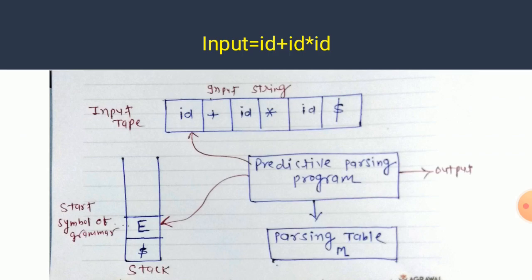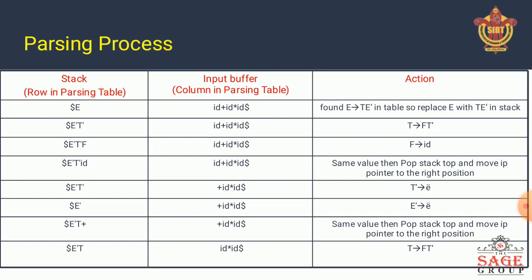Initially the stack contains dollar and the start variable, and the input tape contains id plus id star id, the sentence which we want to validate, followed by dollar. So the stack has dollar E and the input buffer contains these.